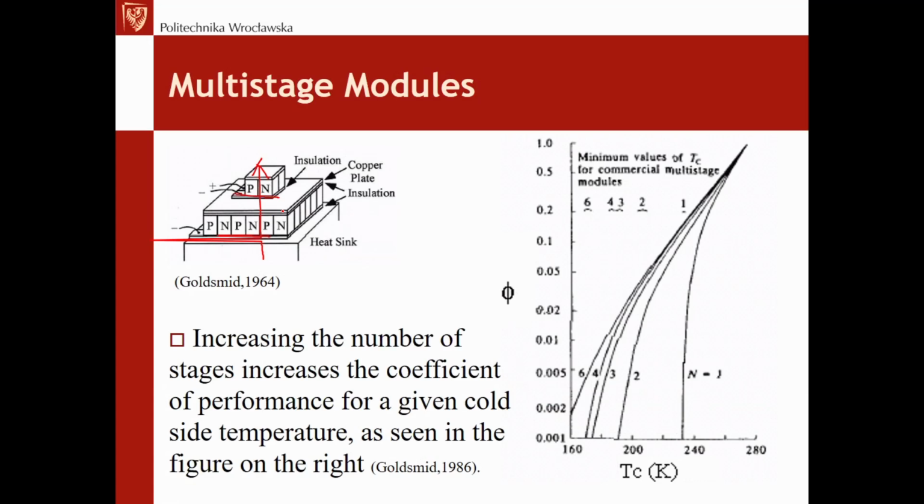Theoretically, the number of stages increases the coefficient of performance for a given cold side temperature. So theoretically, it might work, but from my perspective, I wouldn't recommend it in general. I wouldn't recommend these multi-stage modules because they have to be driven in a more complex way, and of course theoretically they give some advantage, like shown here, but in practice that's not really working.